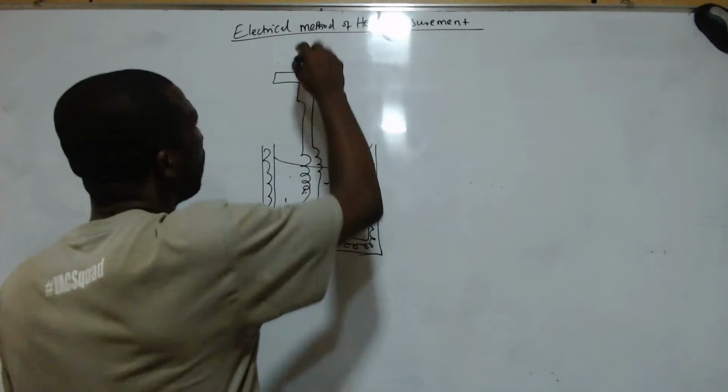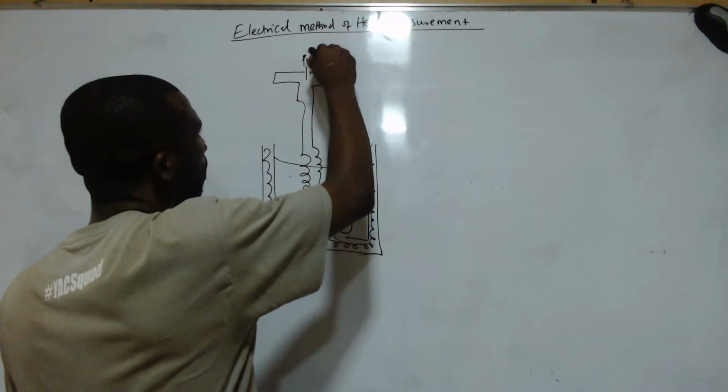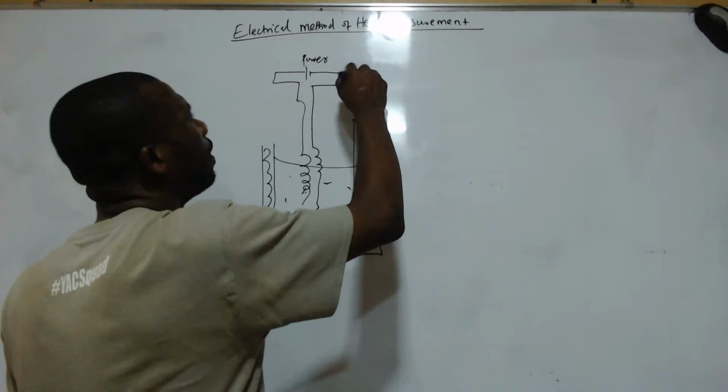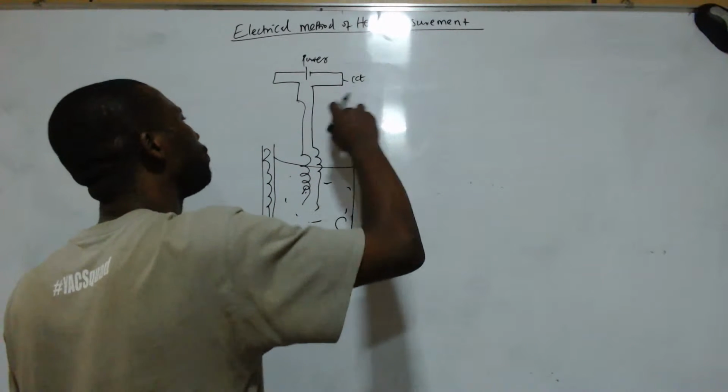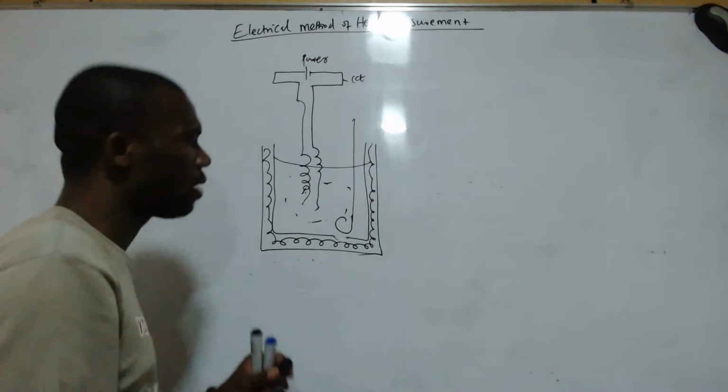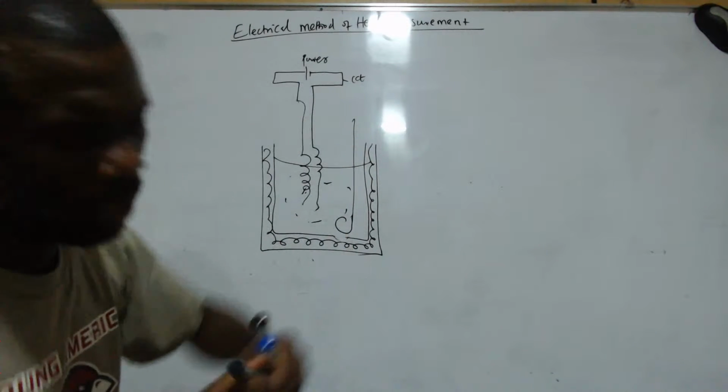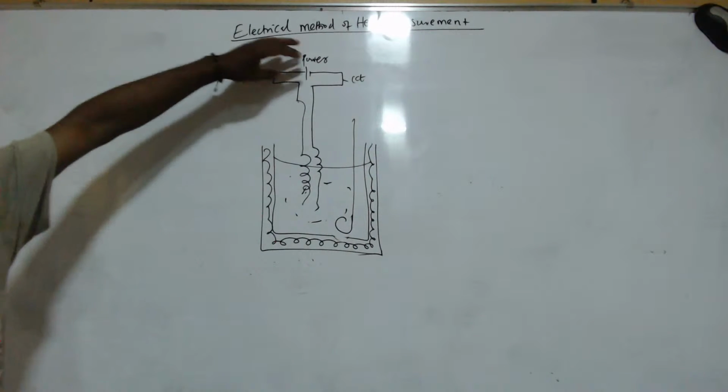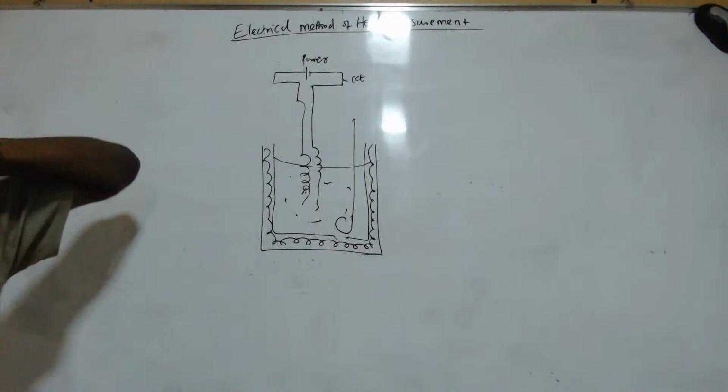So this is the power source. So this is the circuit, and this is also the circuit. The energy that is being supplied from this system will change the temperature of this.